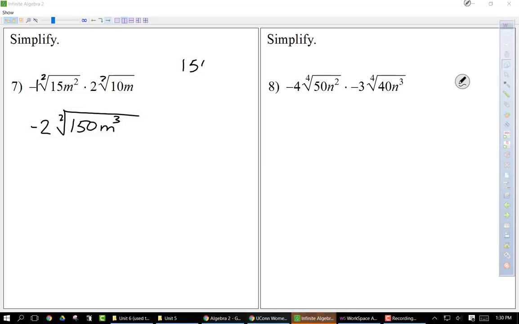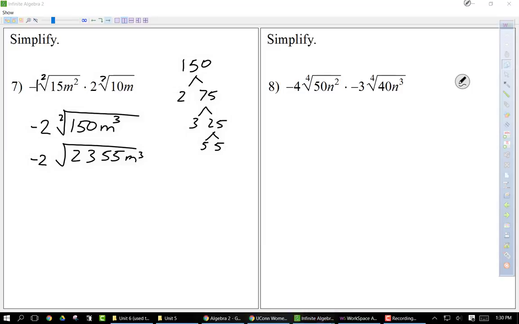So let's take 150 and break it down. So 2 can go into it, that's 75, 3 and 25, and 5 and 5. So I get negative 2 times the square root of 2, 3, 5, 5, m to the third. Right, 2 times 3 times 5 times 5 is 150. So I need square roots.